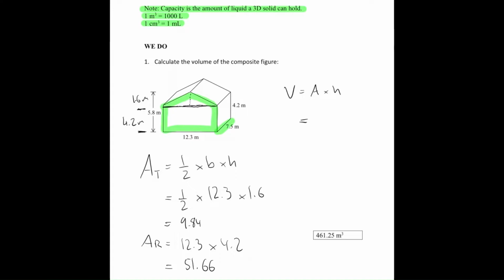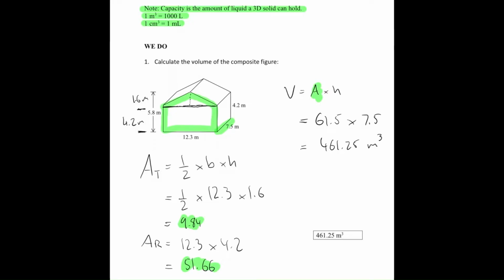So the area that we want to put into this formula is the sum of these two areas. 9.84 plus 51.66, and we get 61.5 for that whole area. Multiply it by the height of the prism. And here we are at our answer, which is written down below, but I'm just going to write it here. Meters cubed.